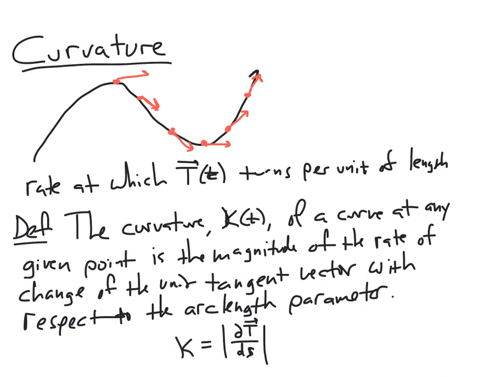Using this equation would require us to take our function and find the arc length parameter s, and then find the unit tangent vector and take the derivative and so on. However, it's usually much easier if we find an alternative way to compute kappa as opposed to having to convert everything to the arc length parameter.